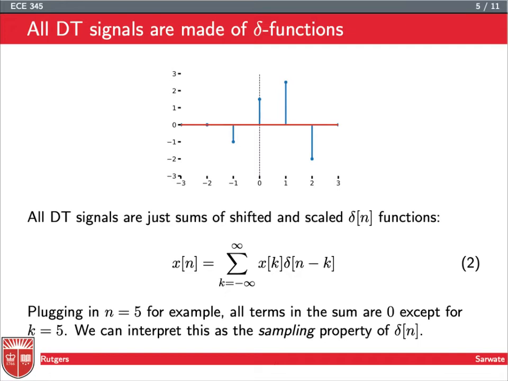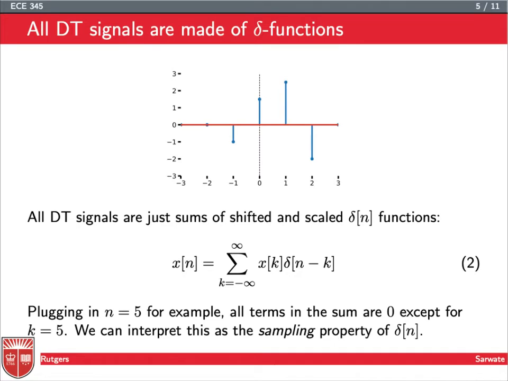If we look at this signal here, for example, this is delta of n plus 1, that covers this one, plus, say, 3 halves delta of n, that's this one, and then maybe plus 5 halves delta of n minus 1, that's at time 1, plus minus 2 delta of n minus 2, and that's this one here.